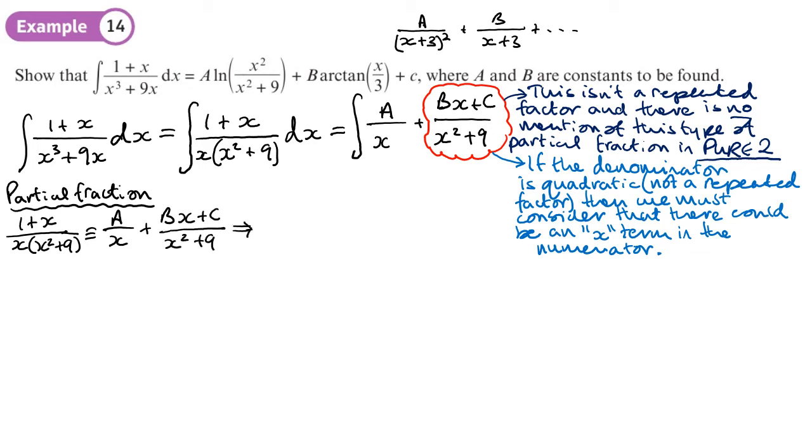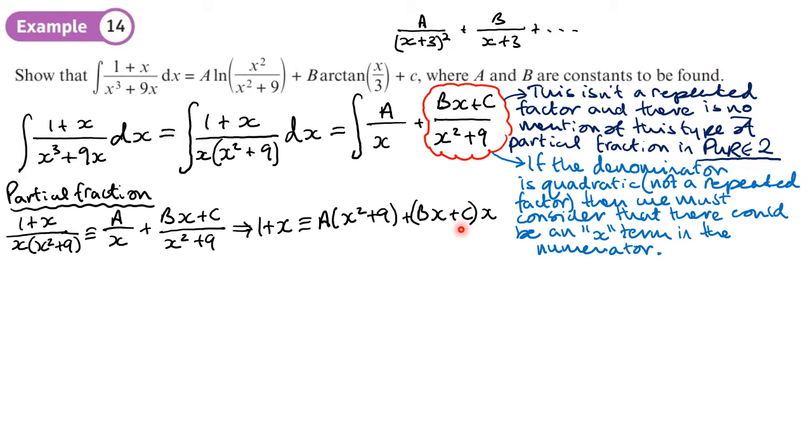So from that, the numerators must be equal to 1 plus x. It's got to be equivalent to a times x squared plus 9 plus bx plus c times by x.